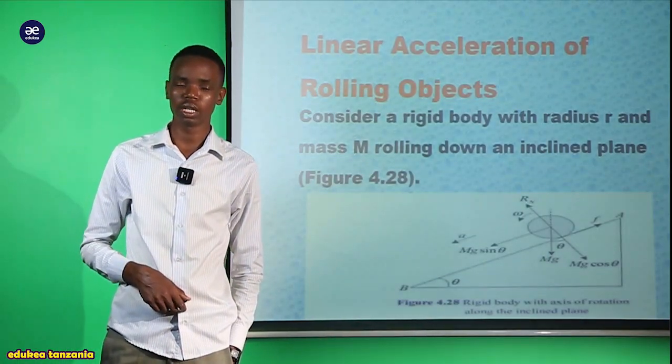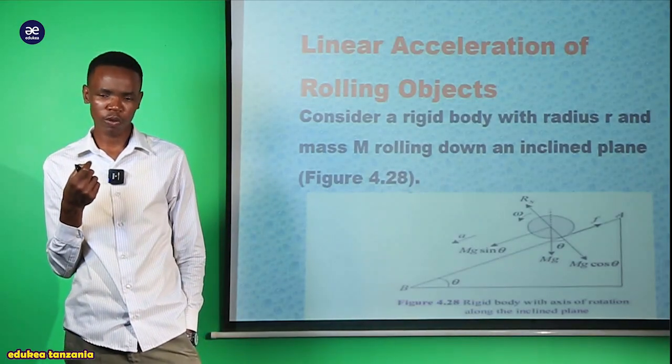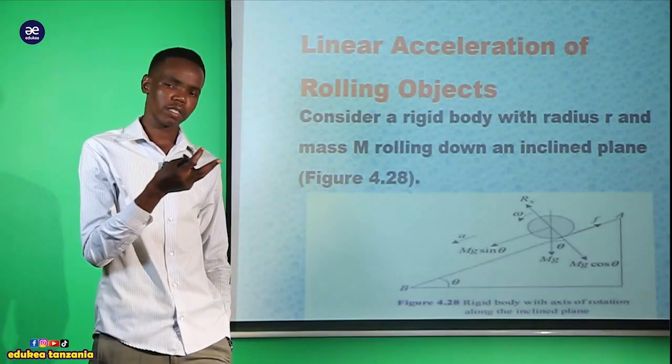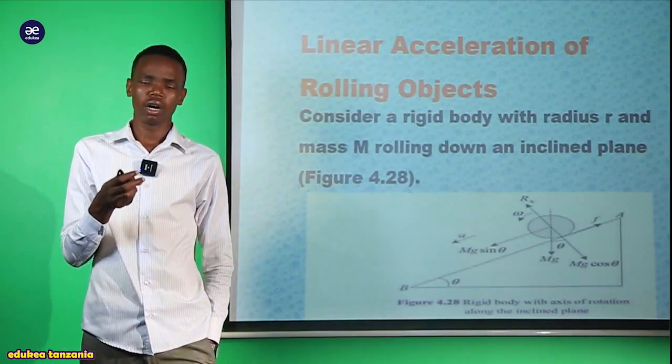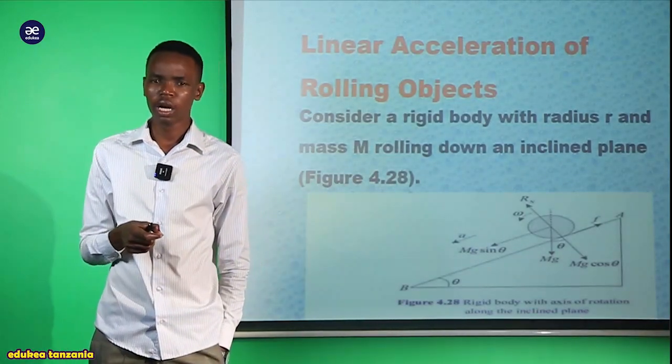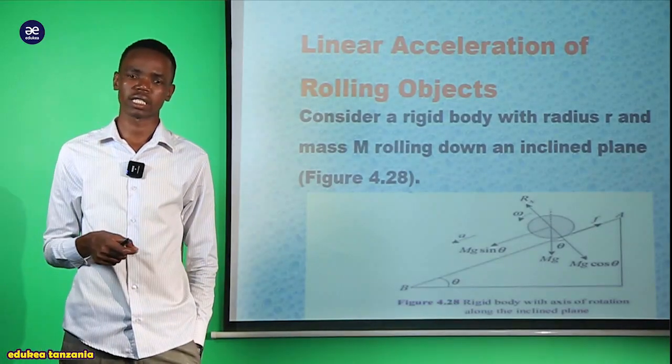There are so many questions you will be asked about which of those rigid bodies, either the sphere, or the cylinder, or the disc, or the ring, can reach the bottom faster compared with the others.